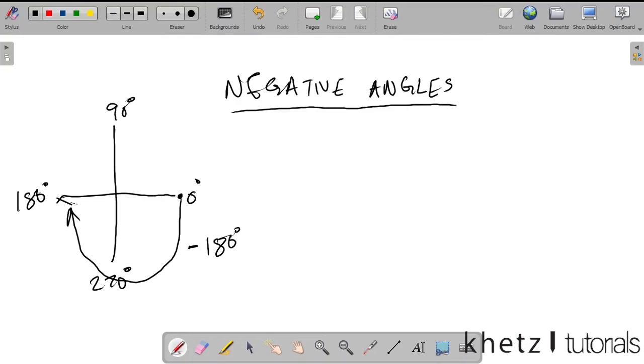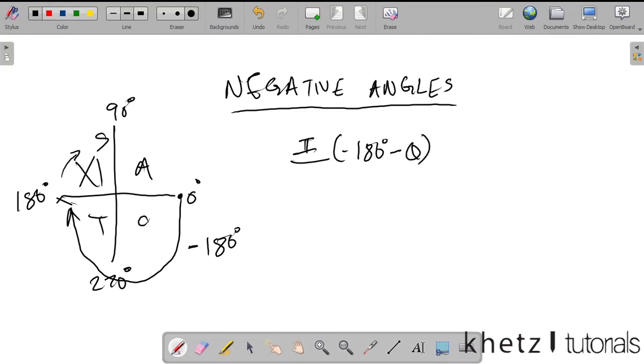So now you can associate all of these quadrants with a description of the quadrants, but in the negative sense. For the second quadrant, you say negative 180 degrees, and then subtract theta to get into the second quadrant. So for the second quadrant, you have negative 180 degrees subtract theta.